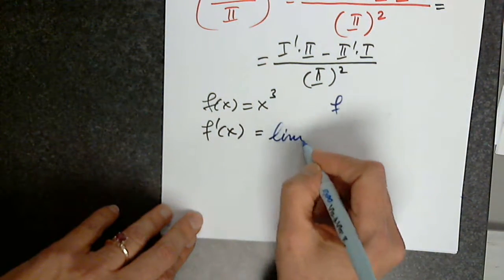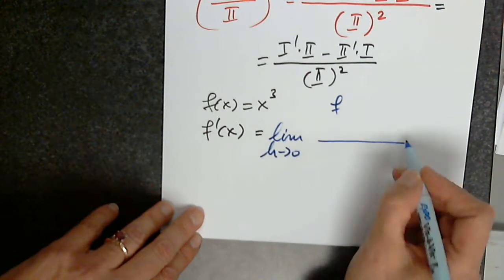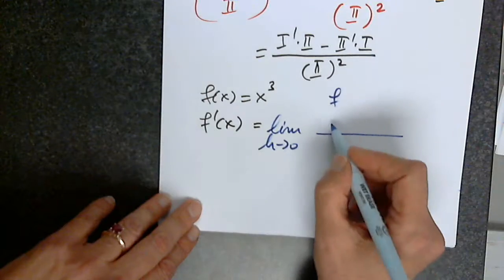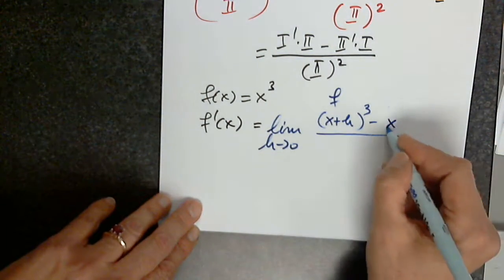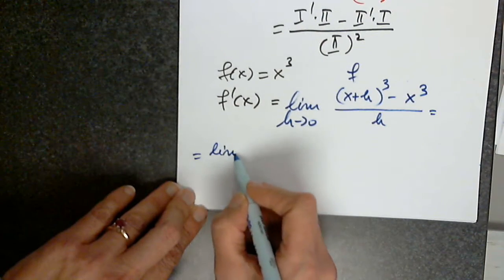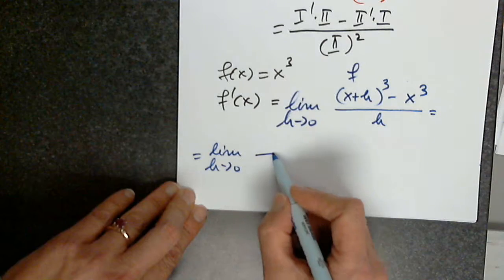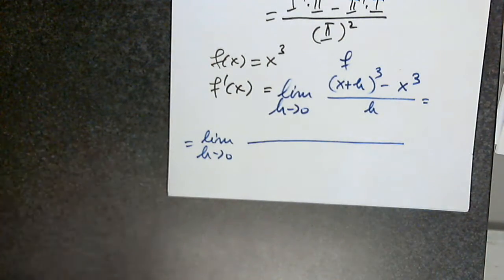Limit, very good. h approaches 0, from f of x plus h, very good. Minus f of x, very good, over h. Anyone remember how to cube x plus h to the third power? Pascal's triangle, maybe?